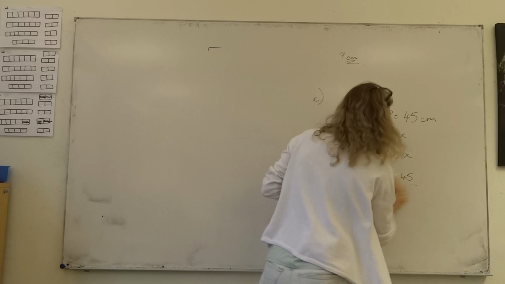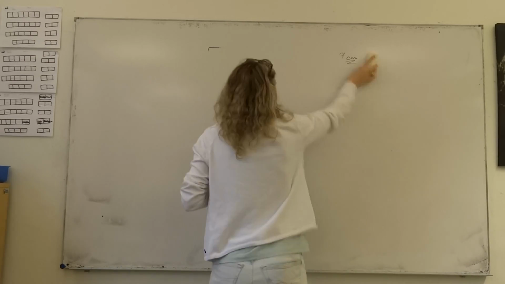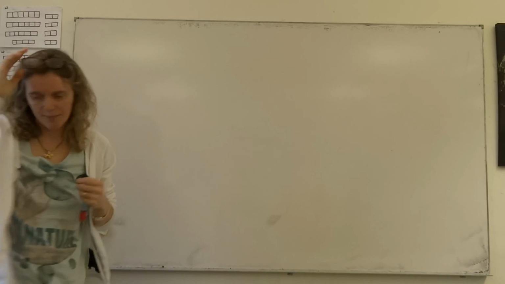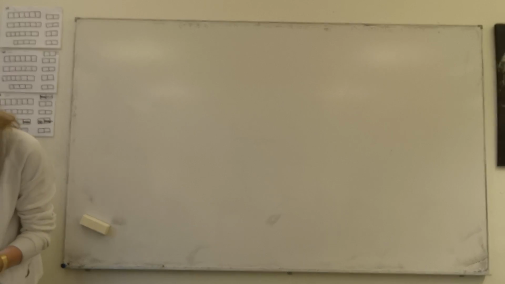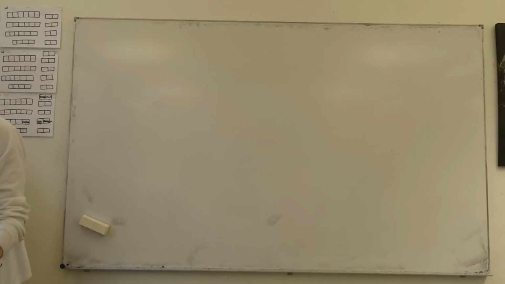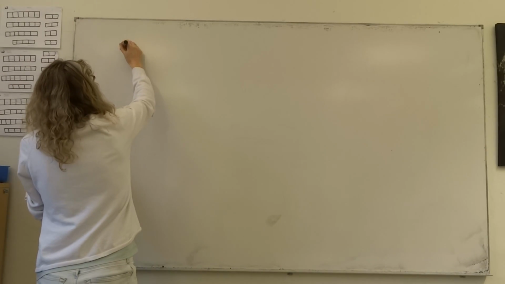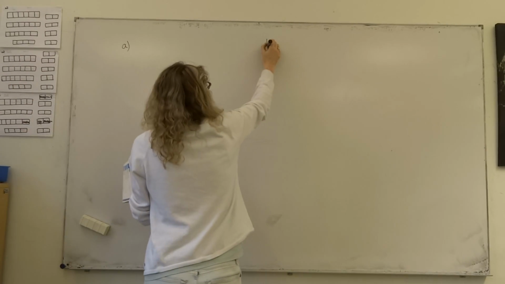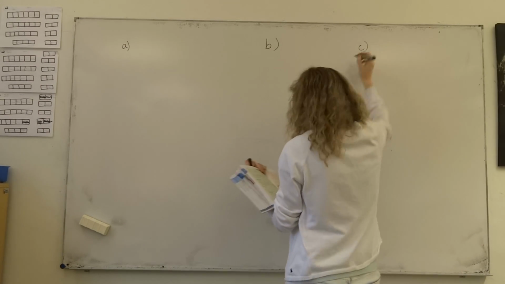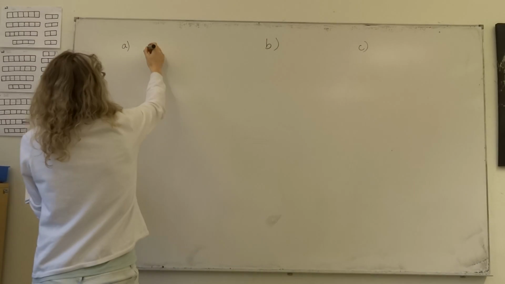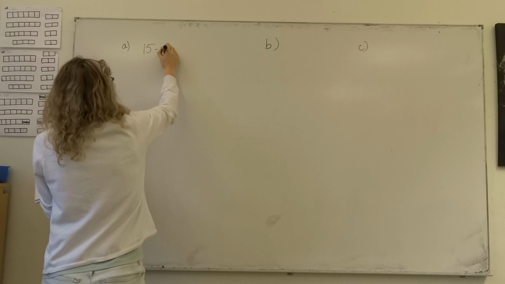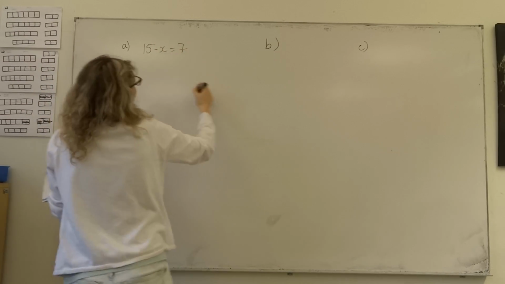Then, there were a lot of questions on this paper, so now we have to solve the equations. We've got 3 equations here, A, B, and C again. First equation, 15 minus x equals 7.